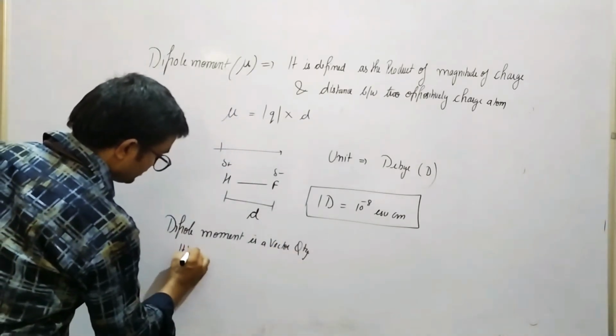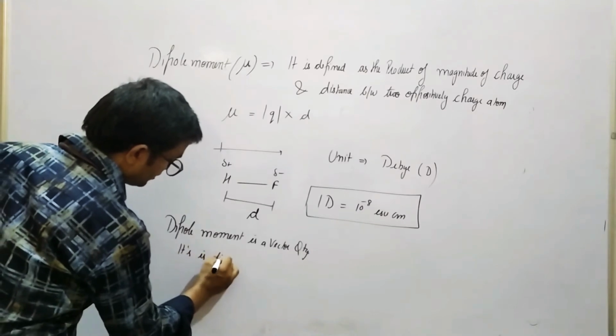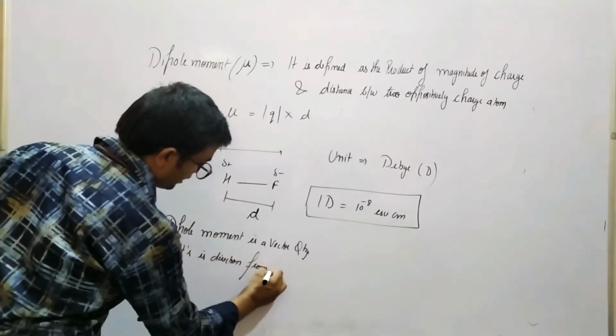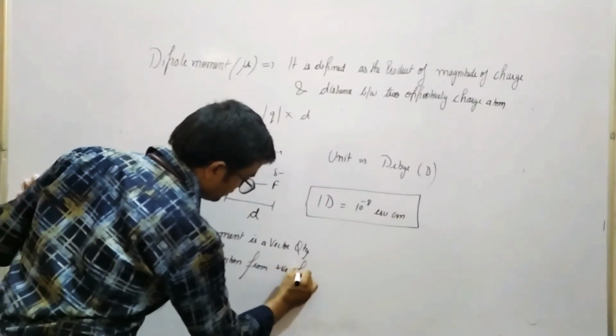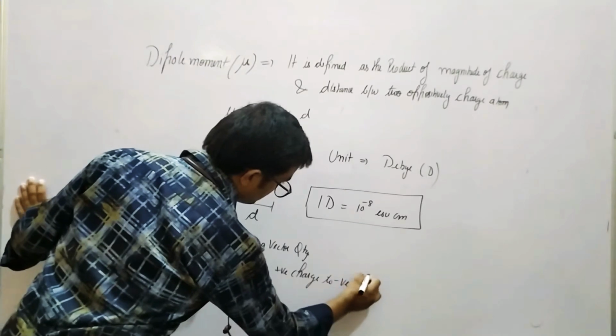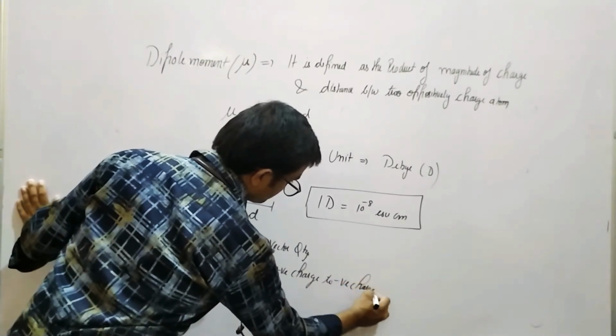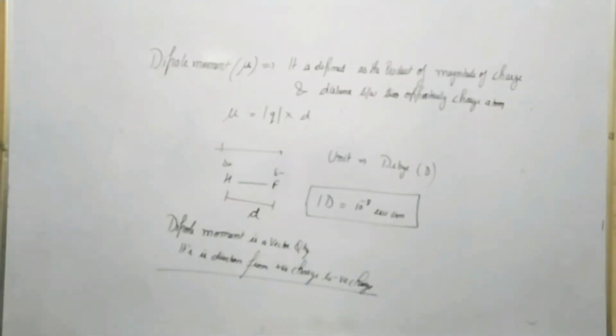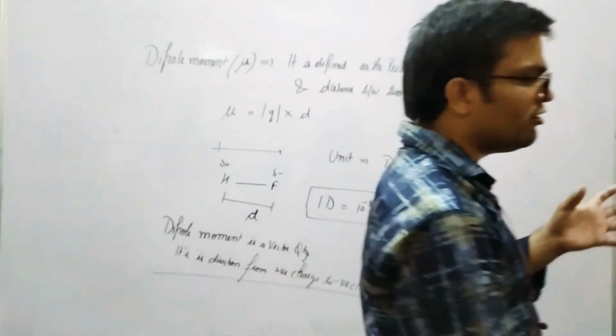Its direction is always from positive charge to negative charge. Students, we don't have to exactly calculate the value of dipole moment.